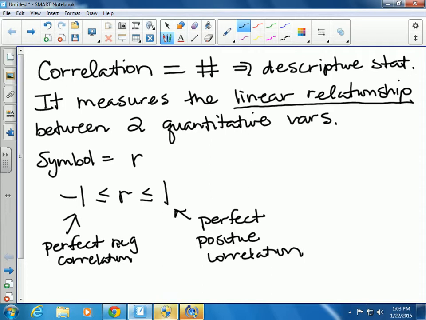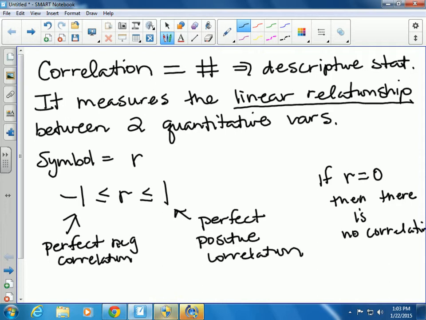That rarely happens, okay? If r is 0, that means there is no correlation.